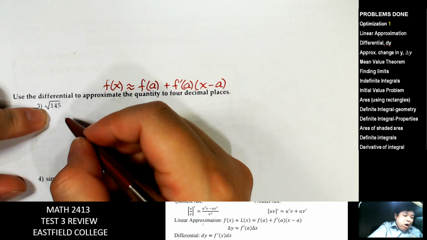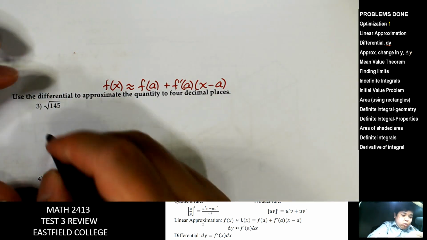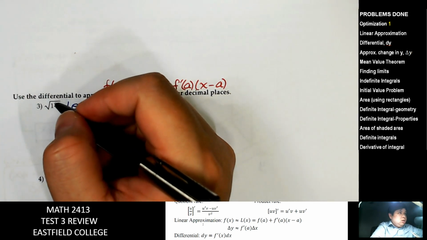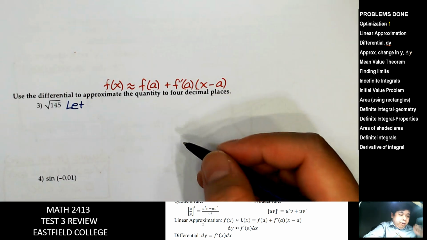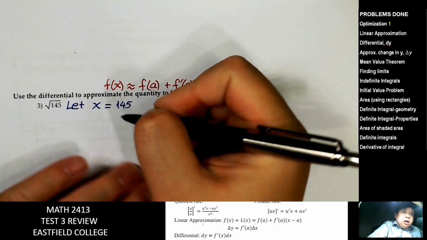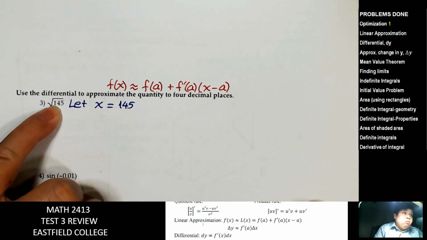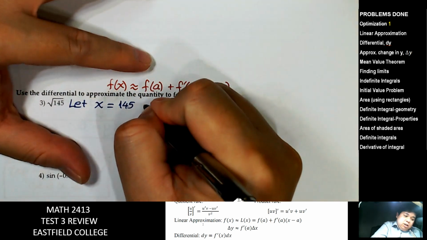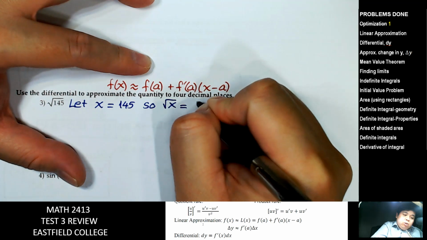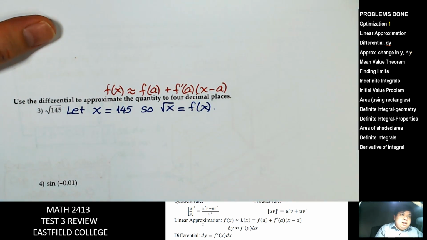So for this problem we try to estimate the square root of 145, the only number we have. So what we do is let x equal 145. Then the problem becomes the square root of x, the function that we try to approximate.